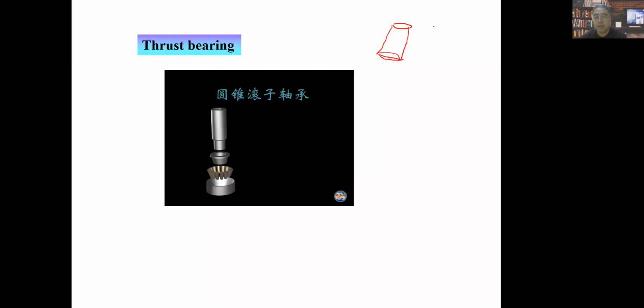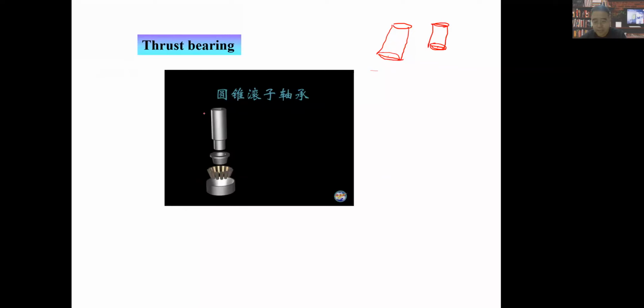We know that for a cylinder, the top section and the bottom section have the same shape, the same magnitude of radius, right? But this one is different. So you can see this roller is a kind of 圆锥. I don't know how to express it in English, but I think you know what I mean, right? We call that a thrust bearing.